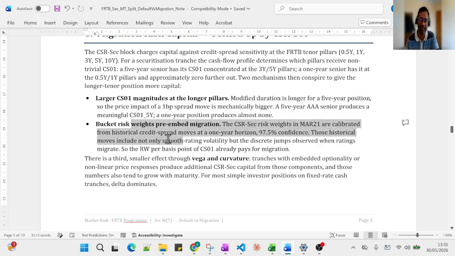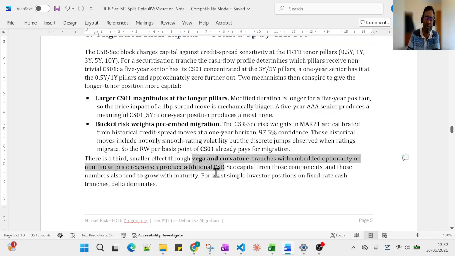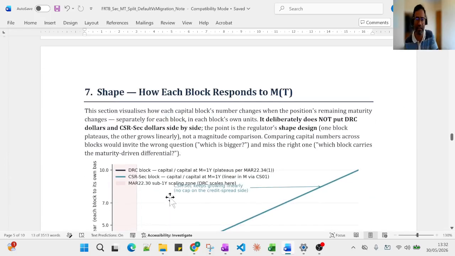Okay, and this next one, MAR 21. Yeah, it is talking about MAR 20. Yeah, you're talking about CS01, right? Credit spread 01, which is the sensitivity for a 1 basis point movement. Okay, and now there is some non-linearity, because if there is some optionality involved in your tranche, then vega and curvature can also come into the picture.